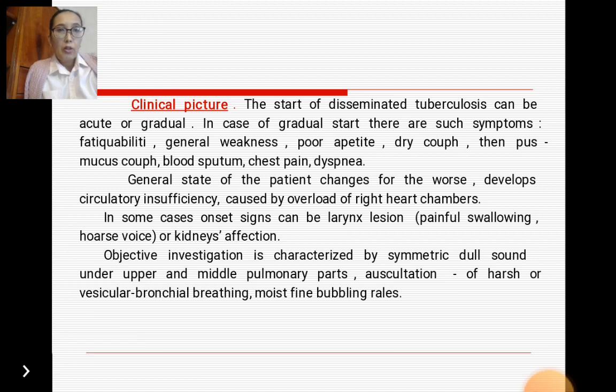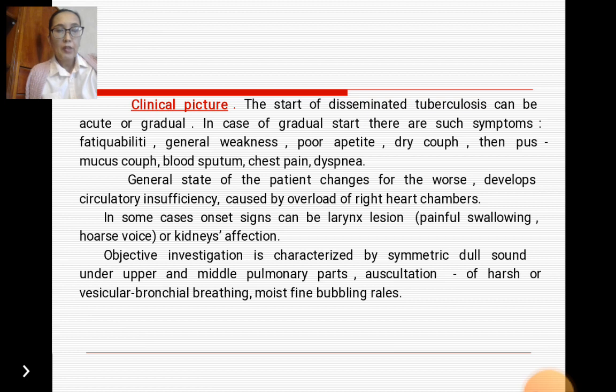In case of gradual start, there are such symptoms: fatigability, general weakness, poor appetite, dry cough, mucus cough, bloody sputum, chest pain, and dyspnea. The general state of the patient changes for the worse, and circulatory insufficiency develops, caused by overload of the right heart chambers. In some cases, the onset signs can vary.